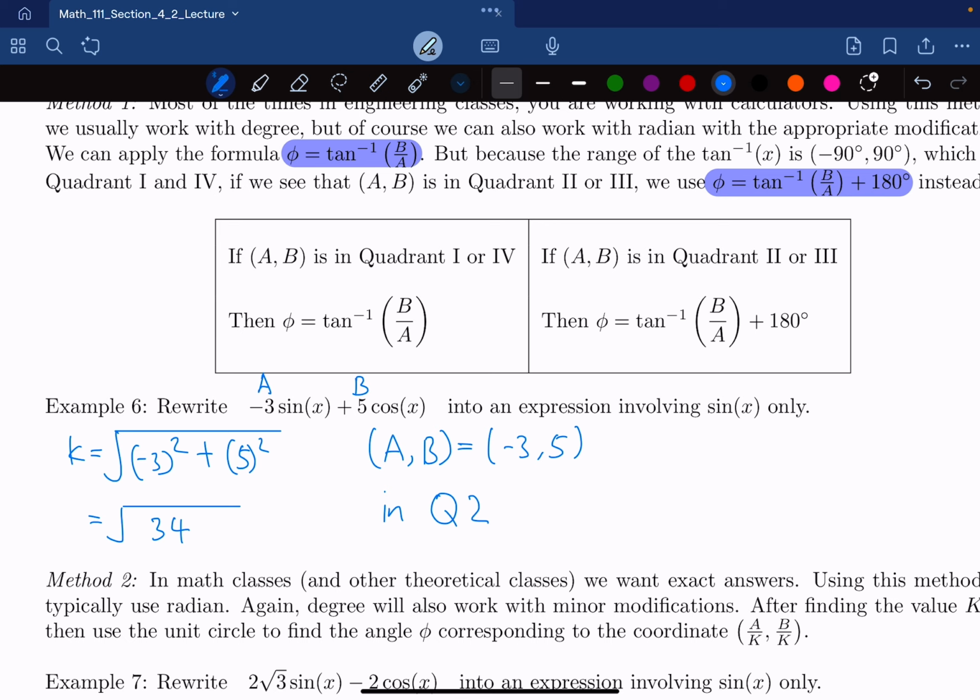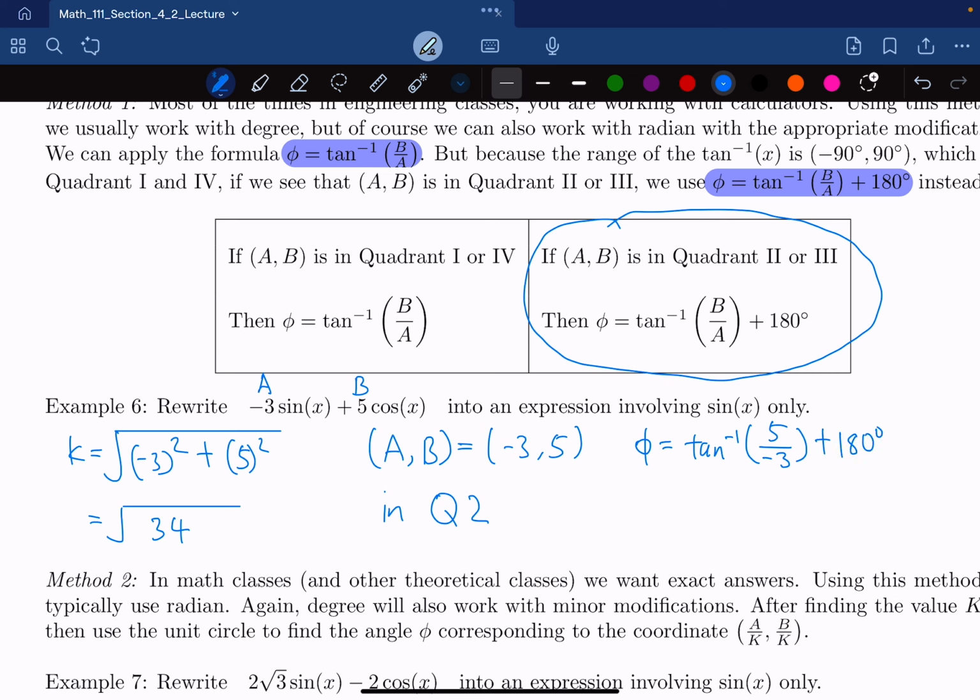Because this is in quadrant 2, I have to use this formula instead. So my phi is equal to tangent inverse of b over a. Again, b is 5, a is negative 3, but then I have to add 180 degrees.